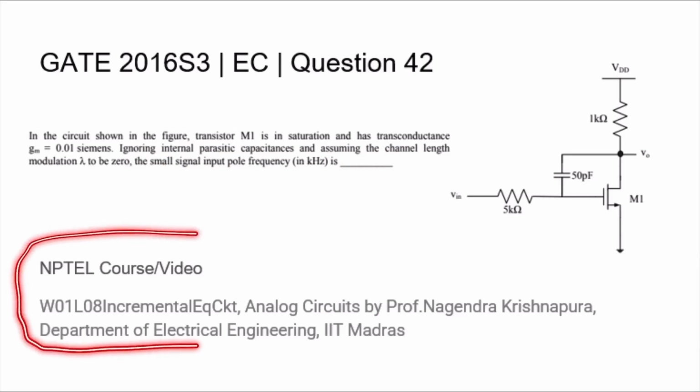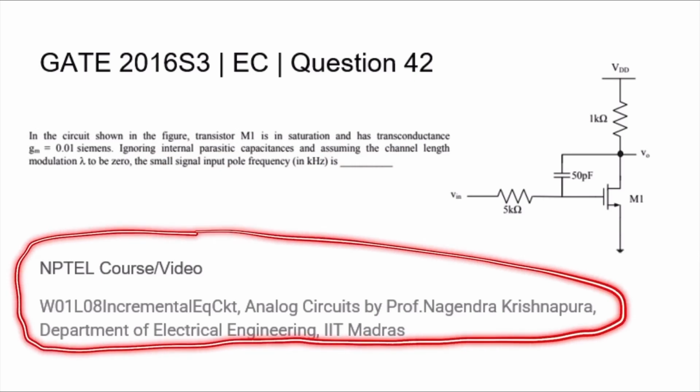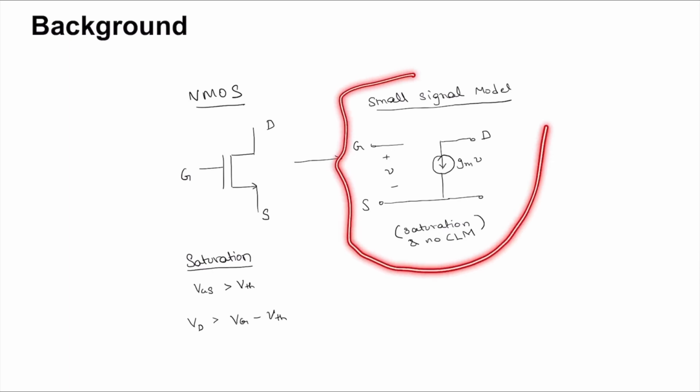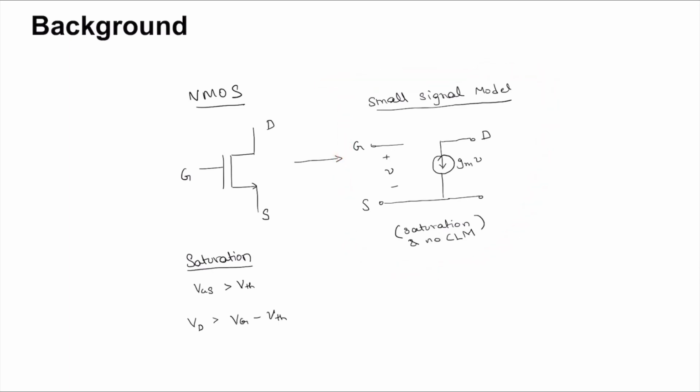Underneath the question, you will find the title of the NPTEL course or video relevant to this topic. This is the NMOS transistor with the following small signal model. To be noted here is that there is no output resistance on the model because there is no channel length modulation, as mandated by the question.